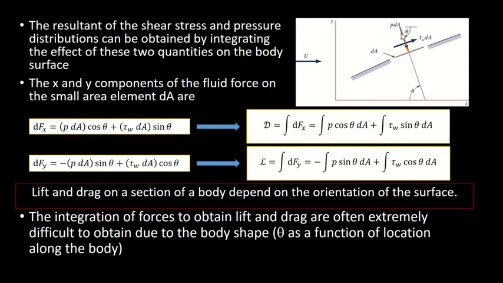As I mentioned, the pressure is always acting normal to your body, and the shear stress is tangent to the surface of your body. In order to identify the drag force, it is always parallel with the upstream velocity.